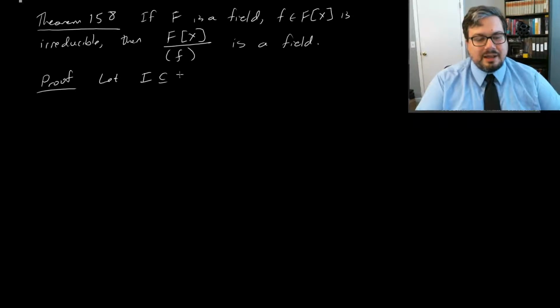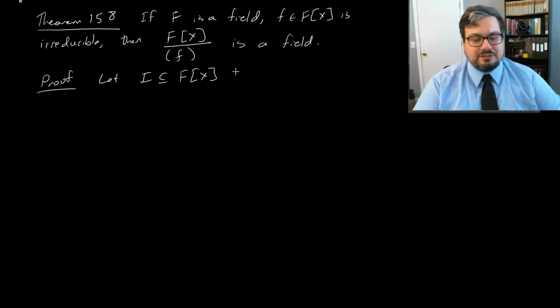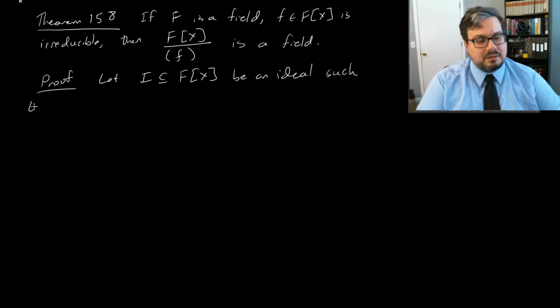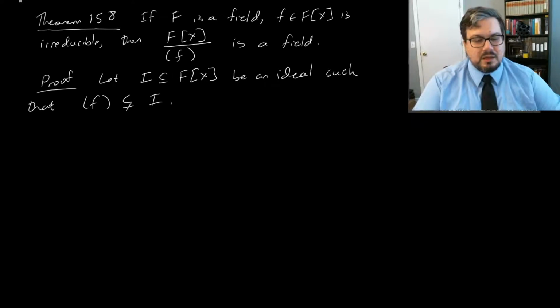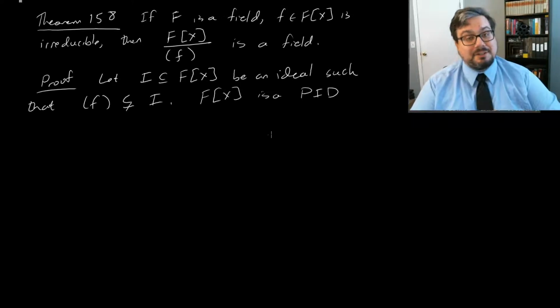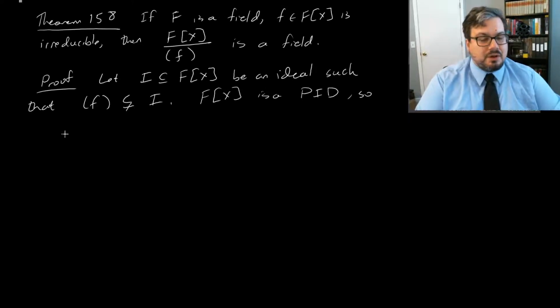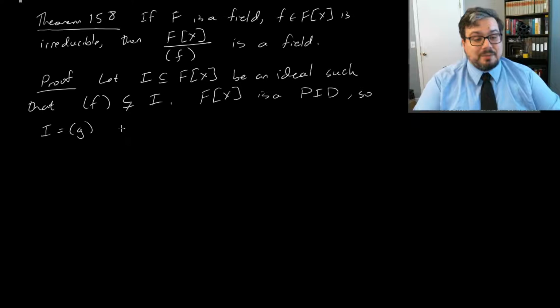So let's let I be an ideal such that the ideal generated by f is contained in the ideal I and is not equal to I. Now, F adjoin x is a PID. Polynomial ring over any field is a principal ideal domain. So that means that I is a principal ideal generated by g for some g in the polynomial ring over F.